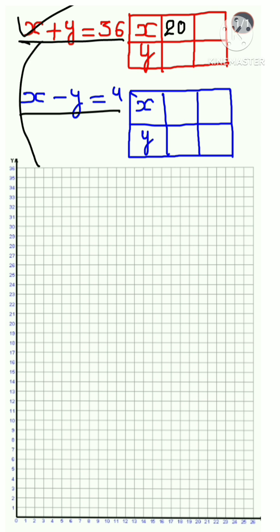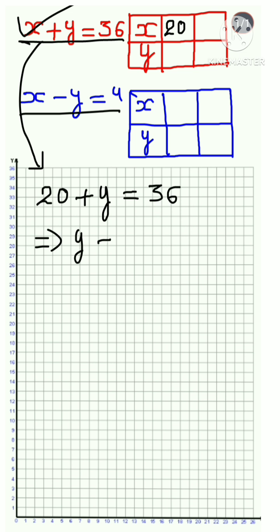Let's find over here. x equal to 20 plus y equal to 36.